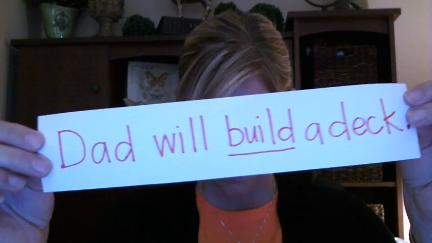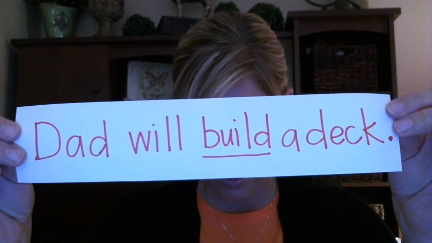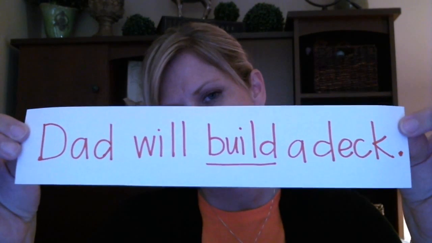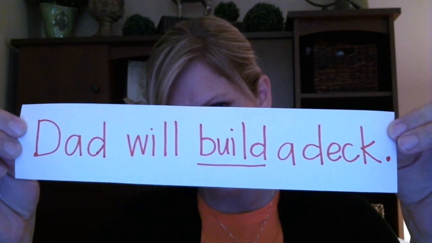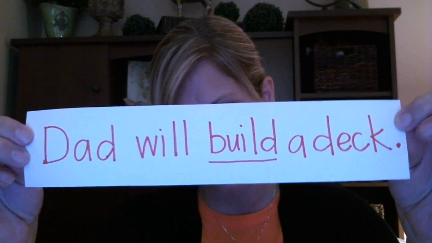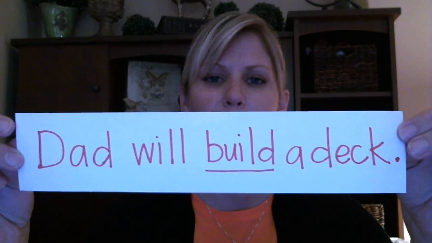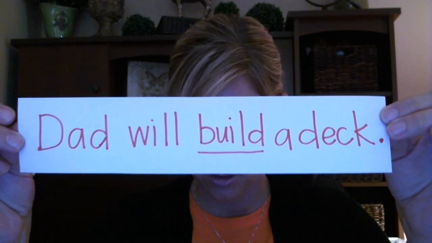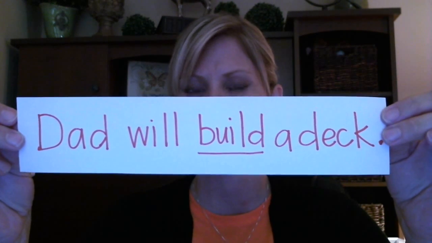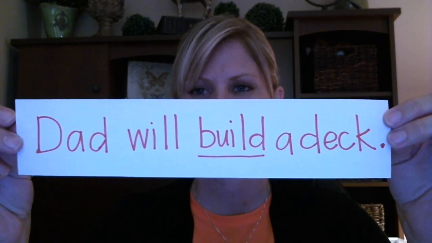If not, this is how you would write the sentence. Notice I started Dad off with a capital at the beginning of the sentence, and I ended with a period. And then the word that is underlined is the spelling word that you need to make sure you spelled correctly. Build is one of our heart words. Okay, now all 3 sentences are telling sentences, so you're supposed to do something at the end, okay?